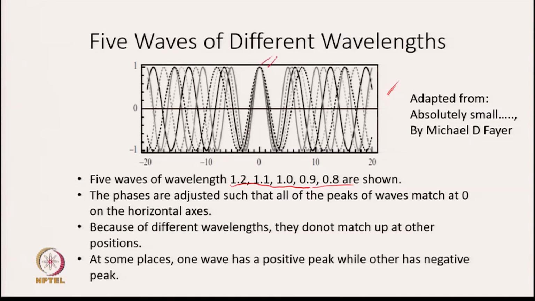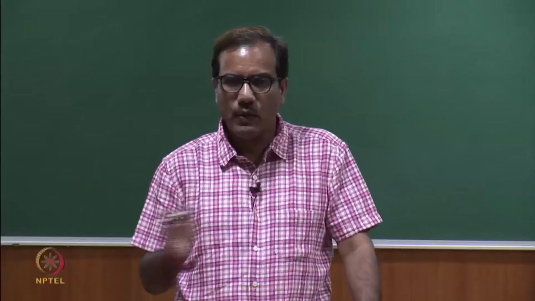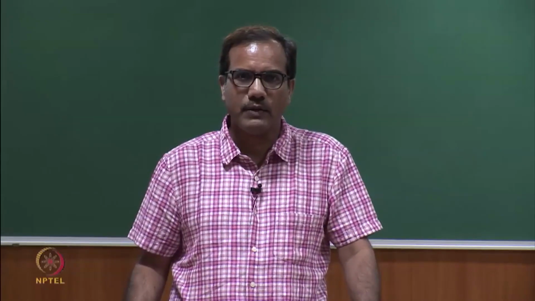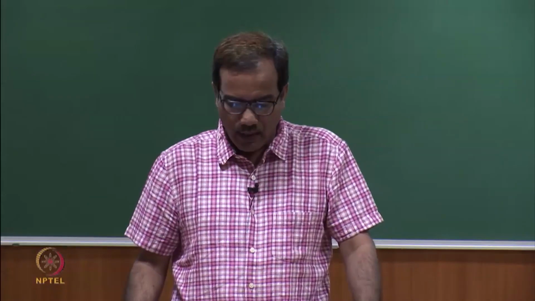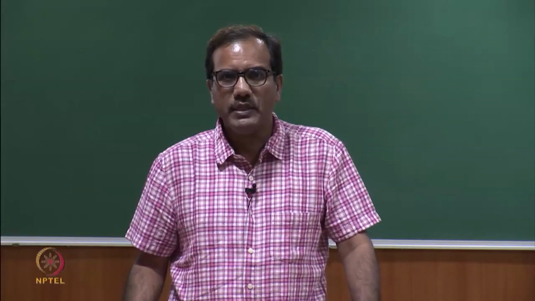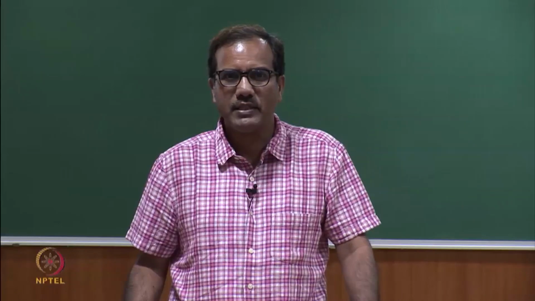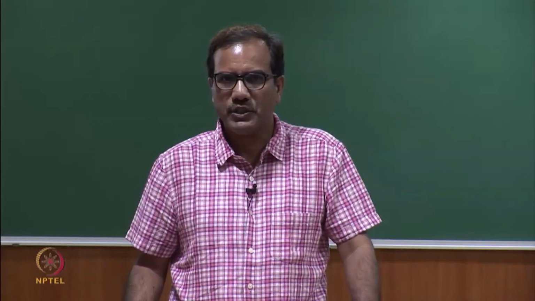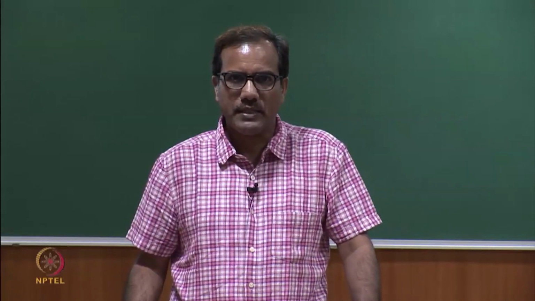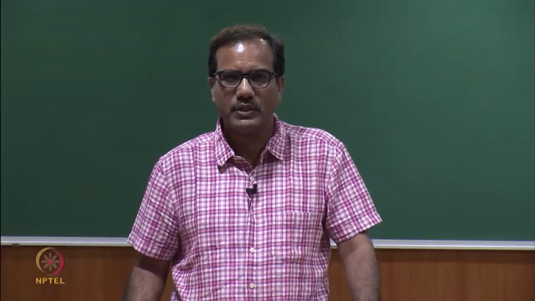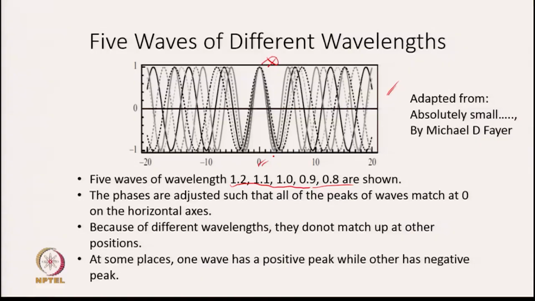You can see that the waves match at x equal to 0, but if you go away from x equal to 0, because of the different wavelengths they do not match up at other positions.